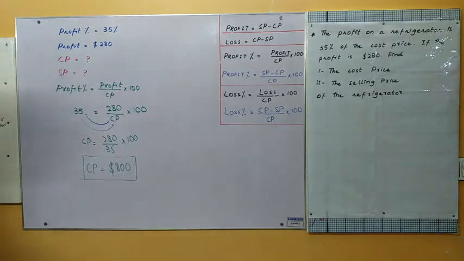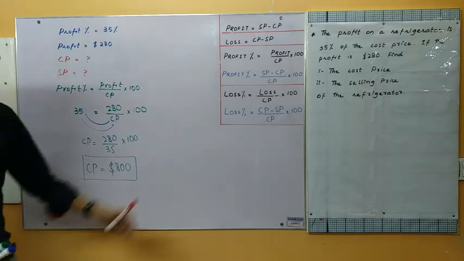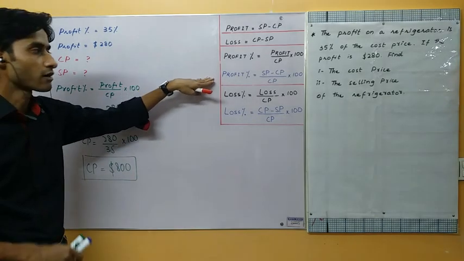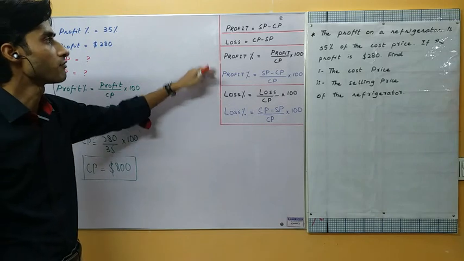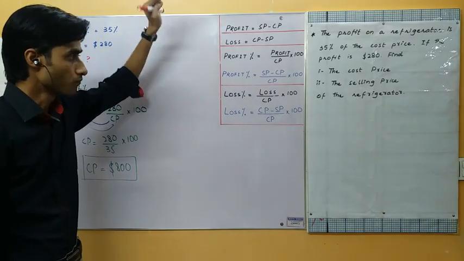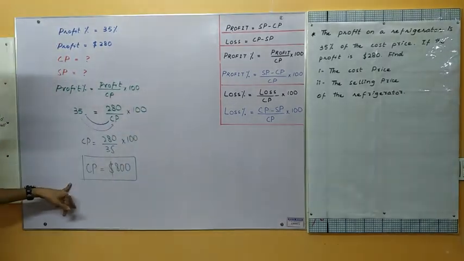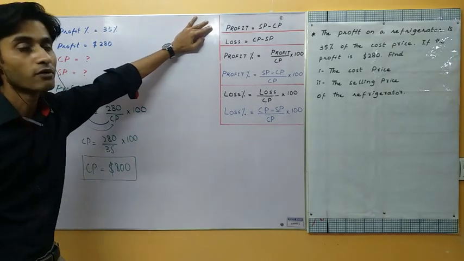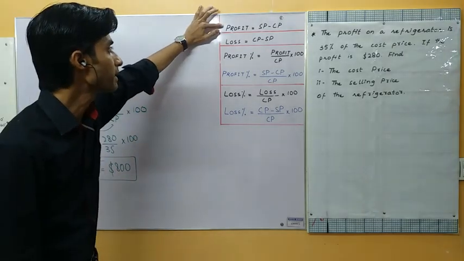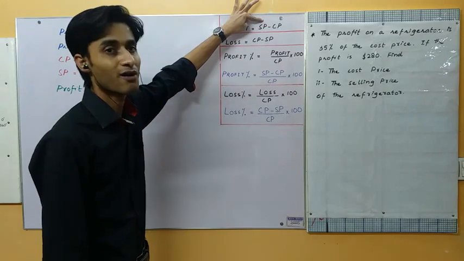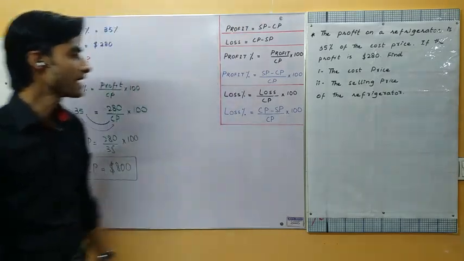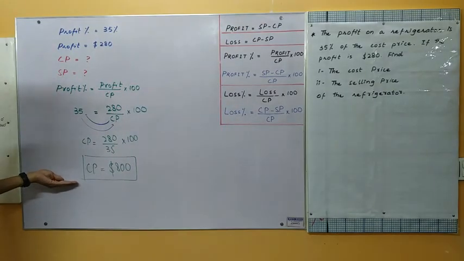As soon as we have cost price, now the only unknown is selling price. If I want, I can use this formula to find out the selling price, but I would prefer doing this one. Now that I have cost price available, this formula will also start working for me. Profit is there, selling price is now the only unknown, cost price has just been found out.